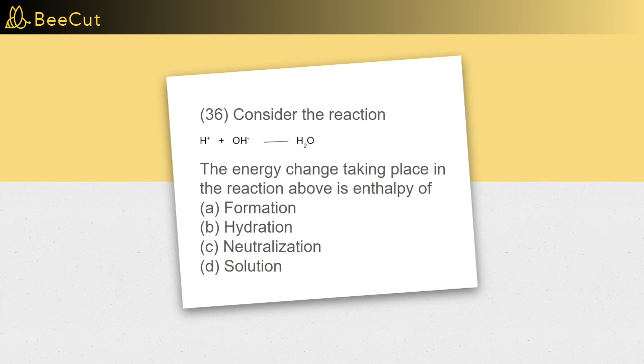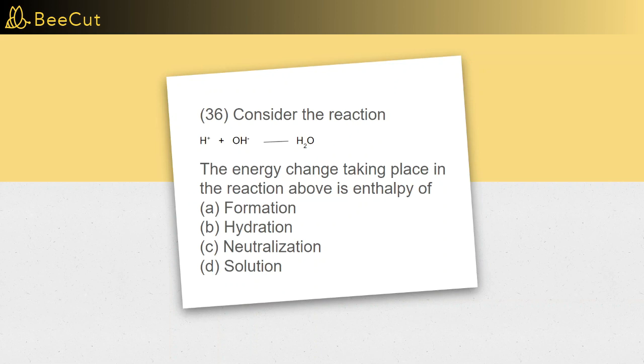Consider the following question. Hydrogen ion plus hydroxide ion to give you H2O. The energy change taking place in the reaction above is enthalpy of what? A, formation, B, hydration, C, neutralization, D, solution.